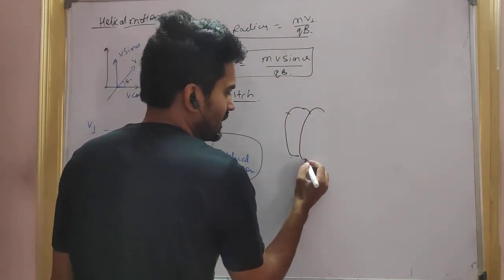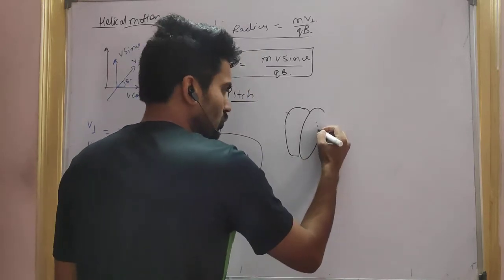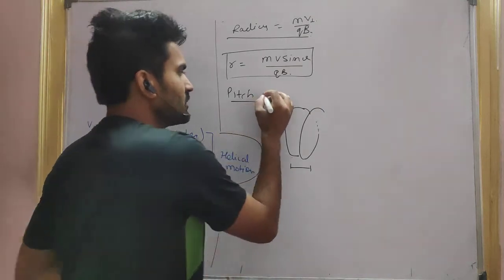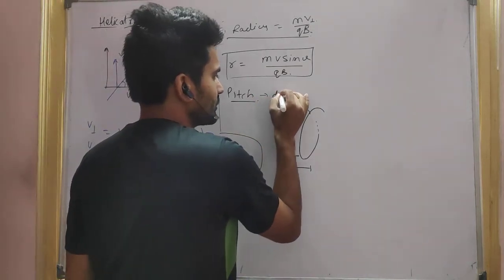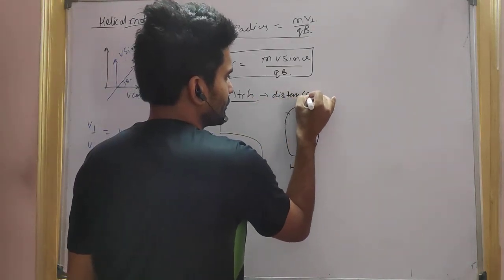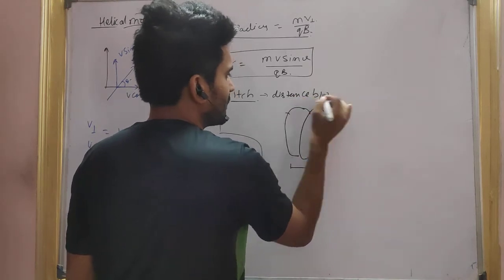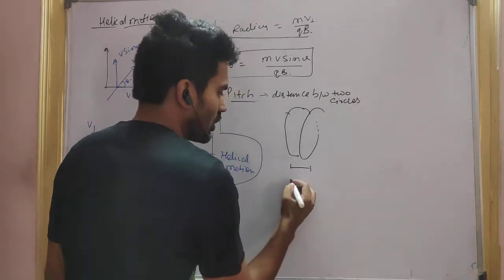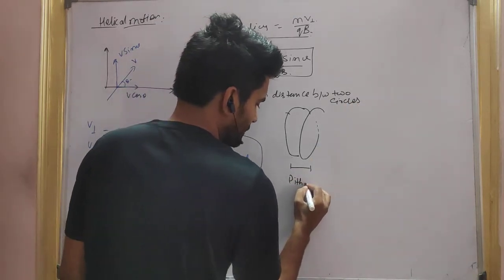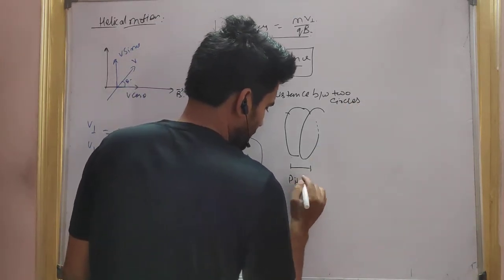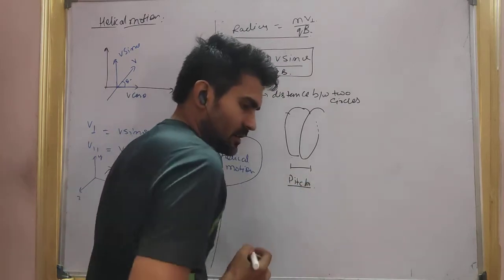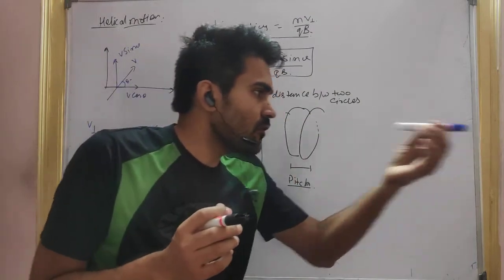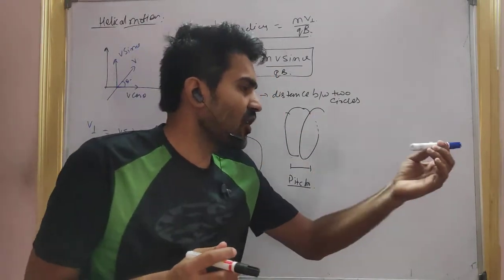Here, if you can see, it is completing two circles like this. The distance between two circles is called pitch. See guys, the pitch is the forward motion, right? Like this, it is a forward motion.